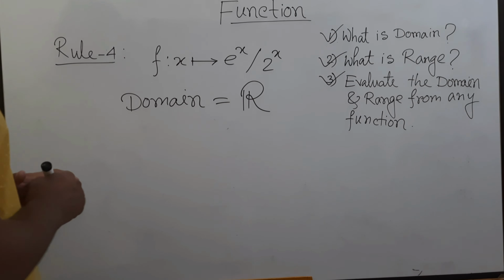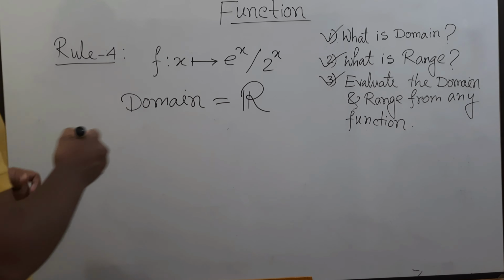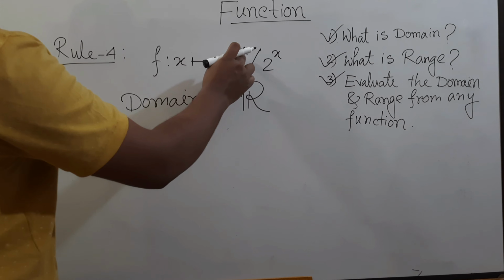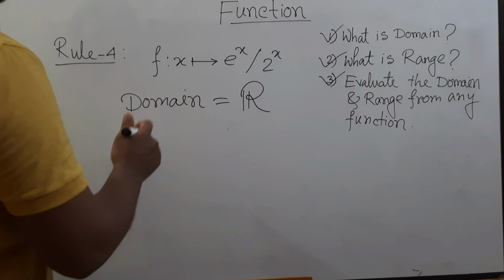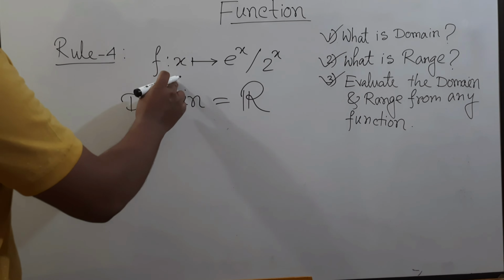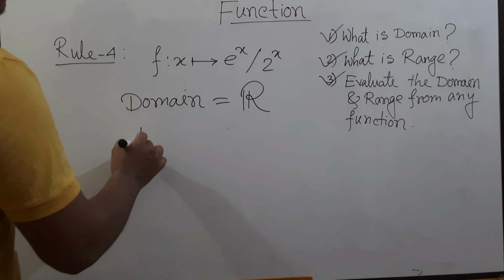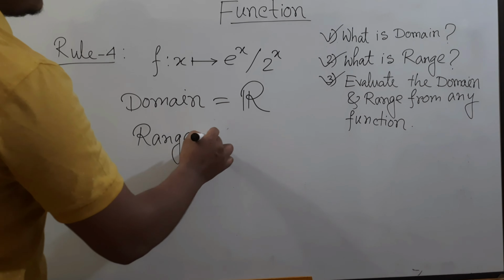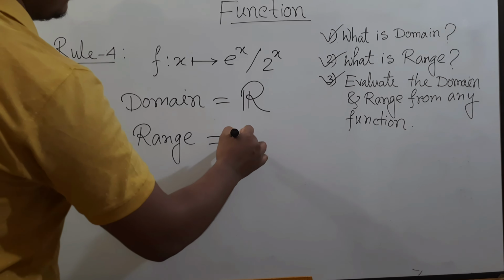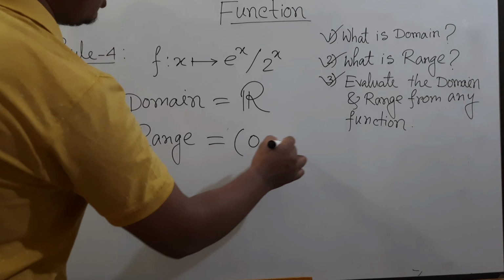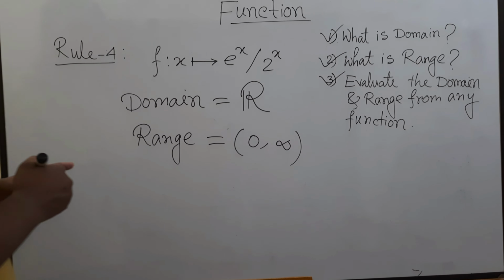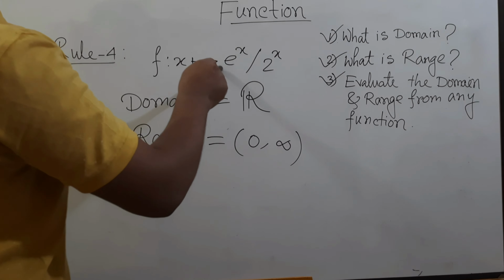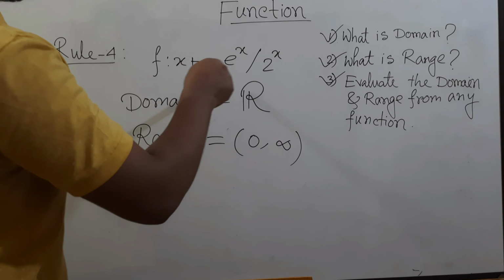So now what will be the range? What will be the possible value of this? The range should be 0 to plus infinity, because if we put any value for x, it cannot be less than 0.